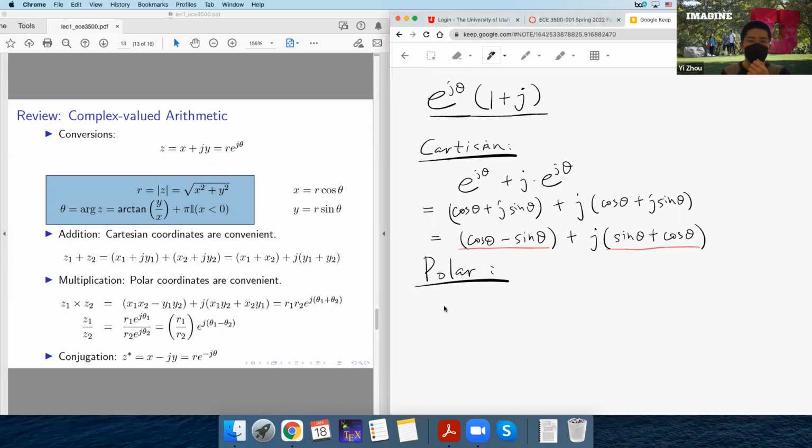So you have r equals the square root of the real part squared plus the imaginary part squared.